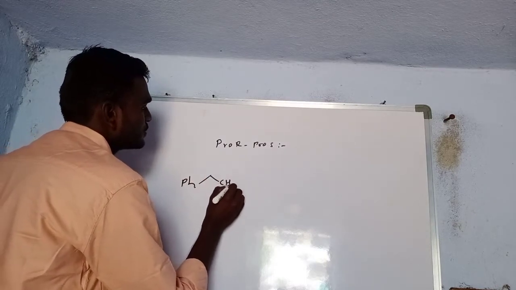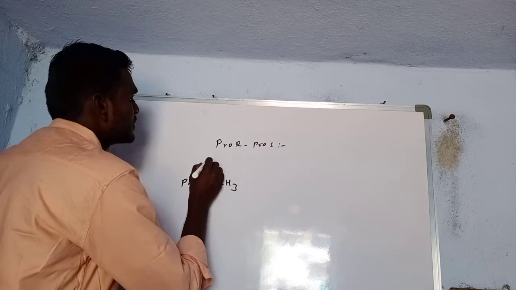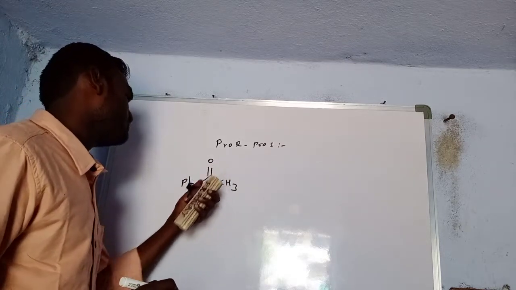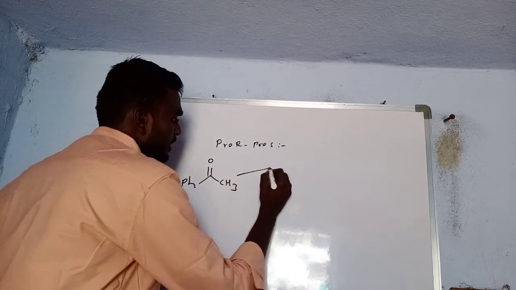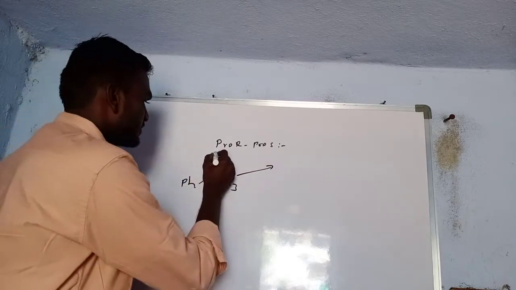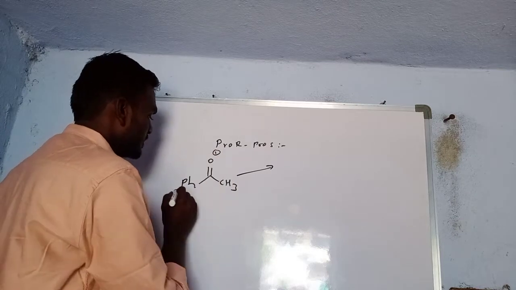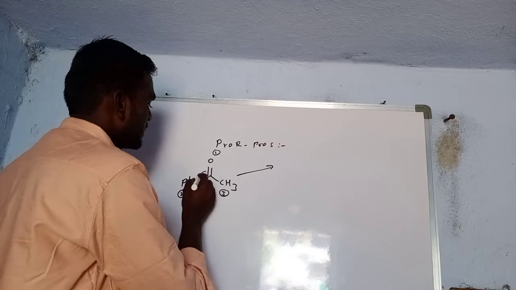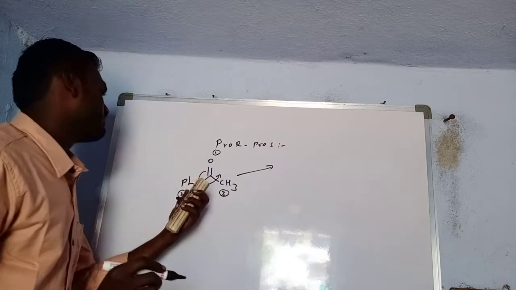It is an sp2 molecule, and the carbonyl carbon is the sp2 hybridized atom. First you have to give the priorities according to the Cahn-Ingold-Prelog rules: 1, 2 and 3. The priorities are in an anti-clockwise direction.